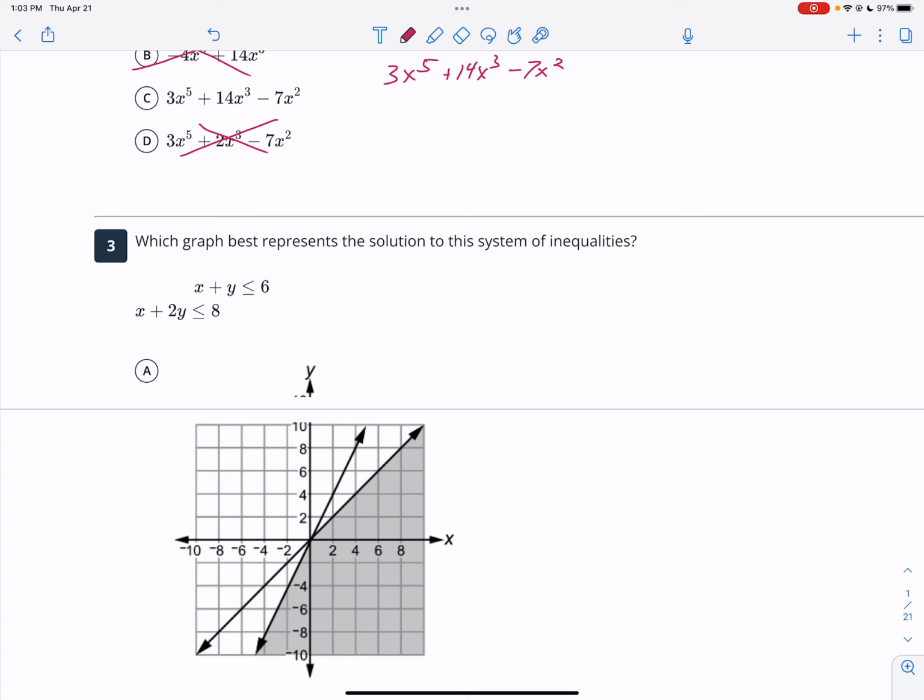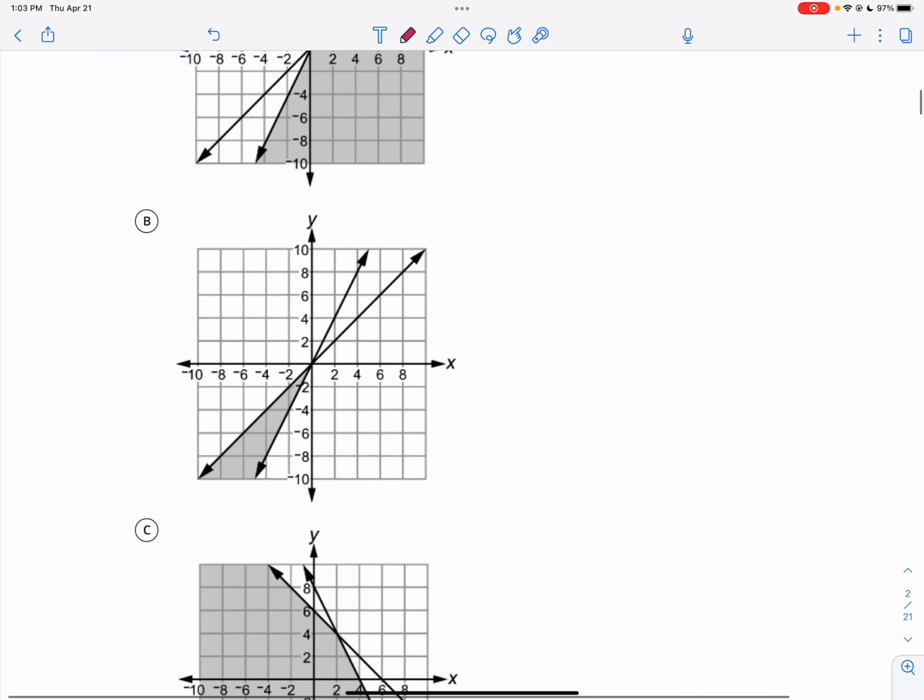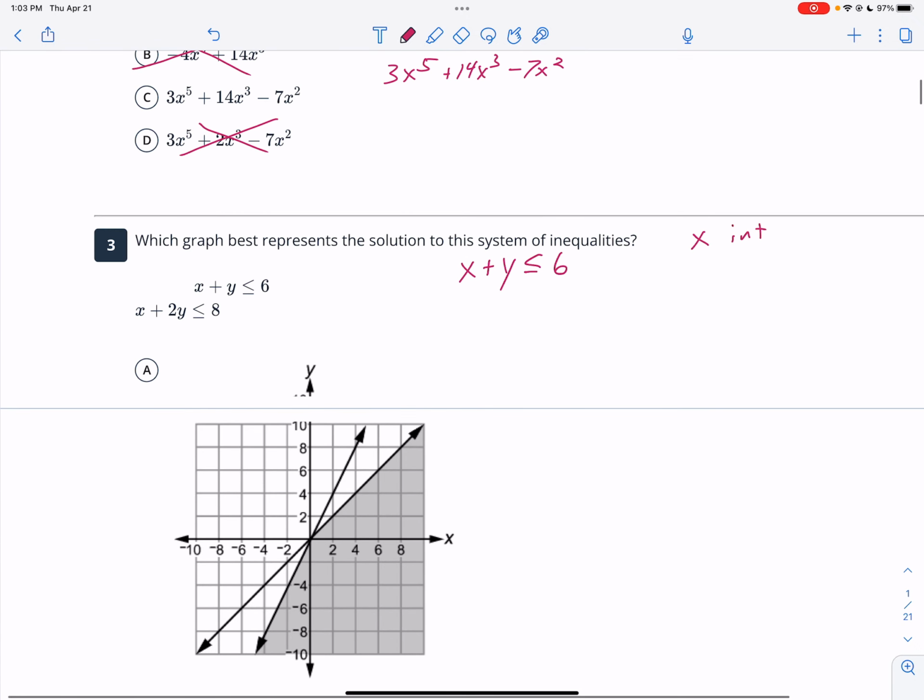So for this first one, x plus y is less than or equal to 6. If I want to find my x-intercept, where it hits my x-axis, that only ever happens when y is equal to 0.